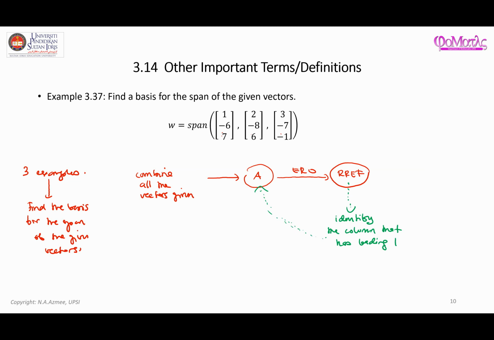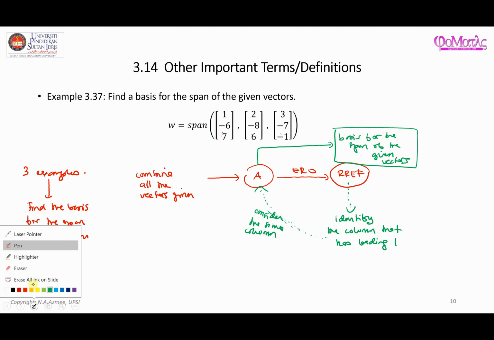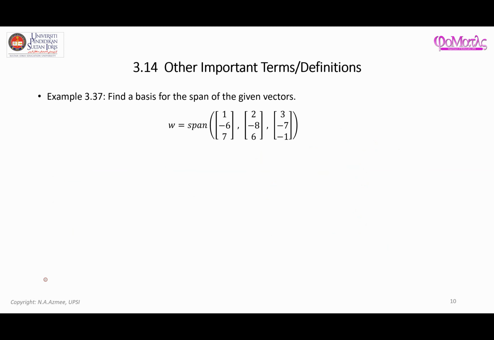So you will consider the same column in the original matrix A, and that will give you the basis for the span of the given vectors. This is what we're looking for, and again the process is similar to the previous video. So without further ado, let's jump straight into this example.